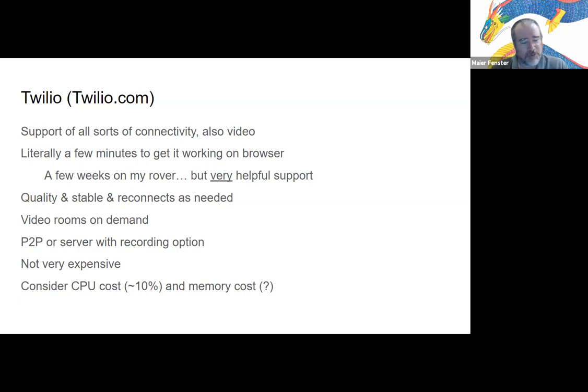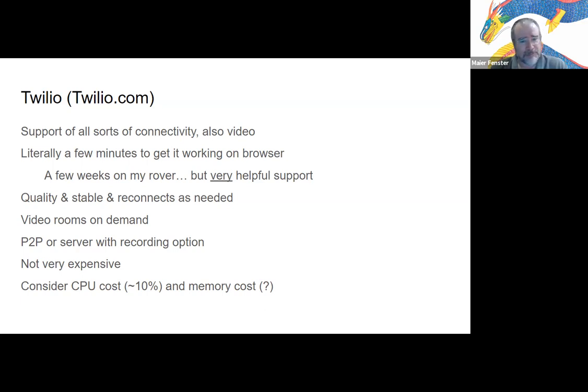In any case, Twilio gives a stable, high-quality connection. It has automatic reconnection. It knows how to generate video rooms on demand. It has multiple options. It's not very expensive money-wise, about, I think, 0.18 cents a minute, some other small number.